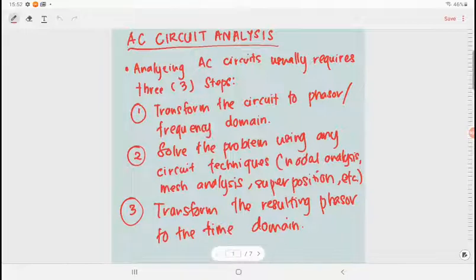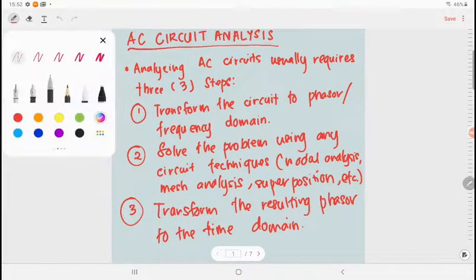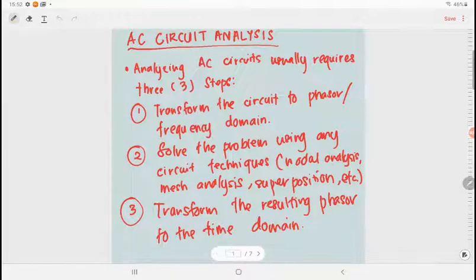Usually you are given the circuit in the time domain, so you need to transform the circuit into the phasor domain. If the circuit is already in the phasor domain, you do not need to transform the circuit. The second step is to solve the problem using any circuit technique, right?